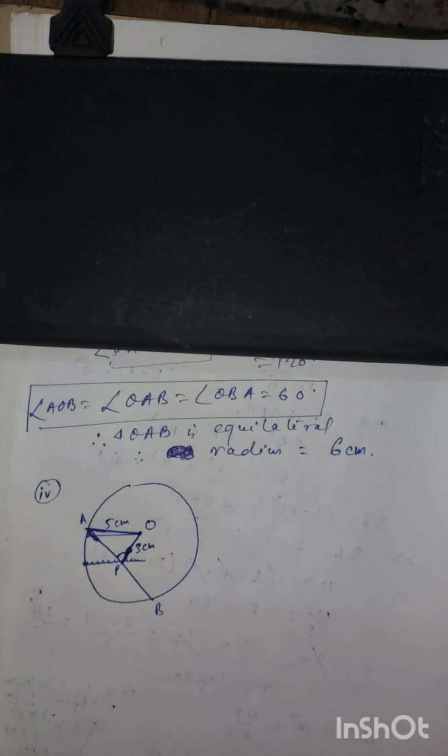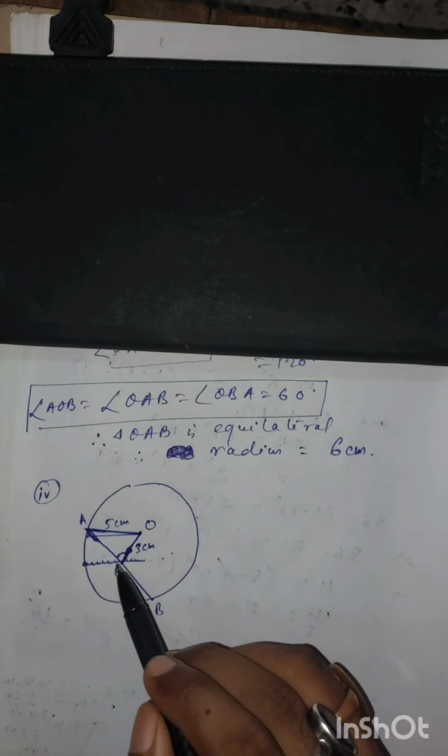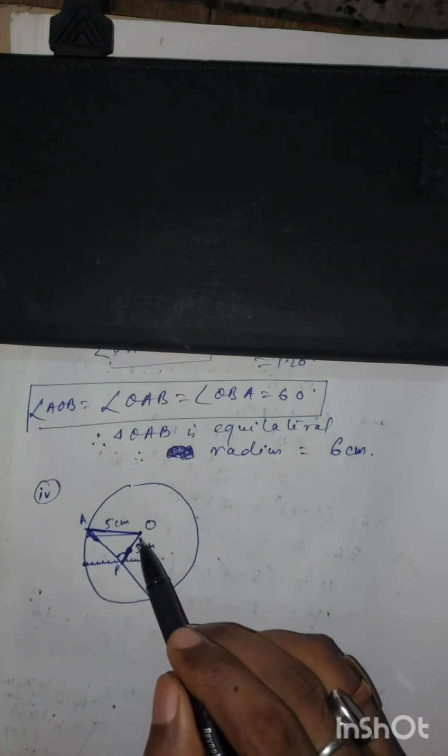Among many chords, only one chord will be the shortest, which will be perpendicular to the line OP.